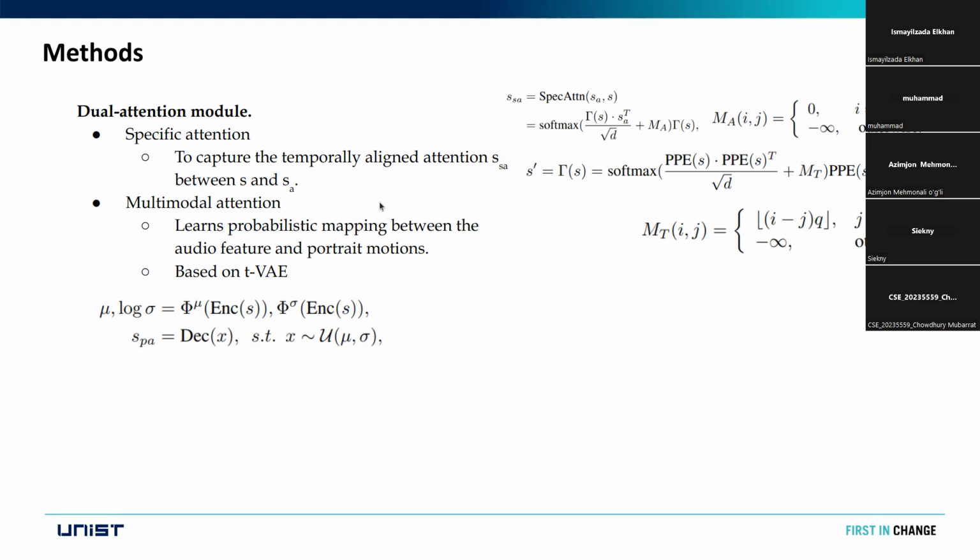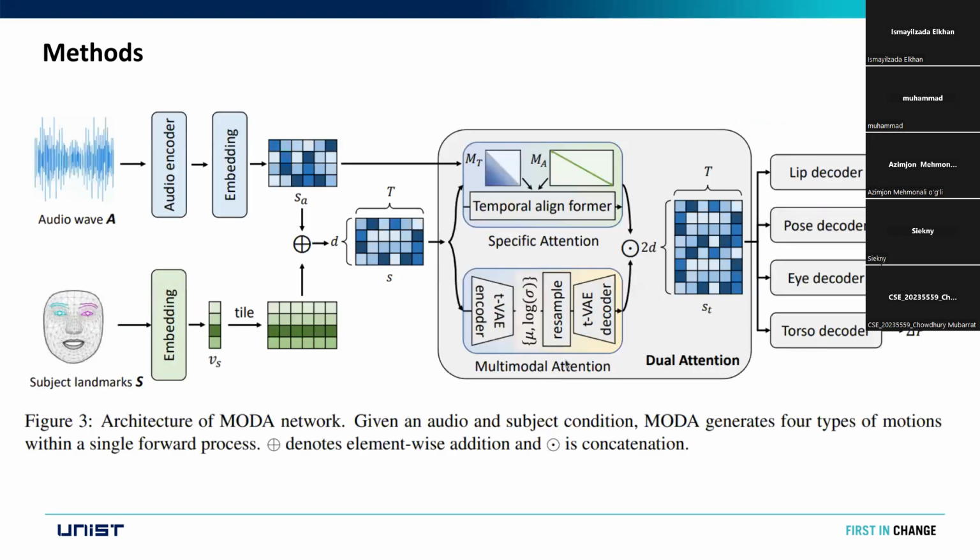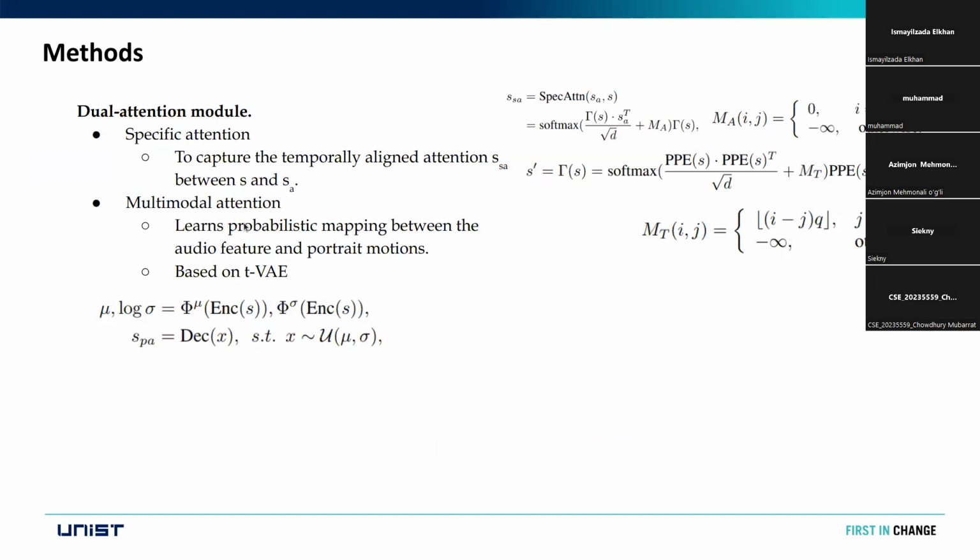Then we have multimodal attention here. It learns probabilistic mapping between audio features and portrait motions.